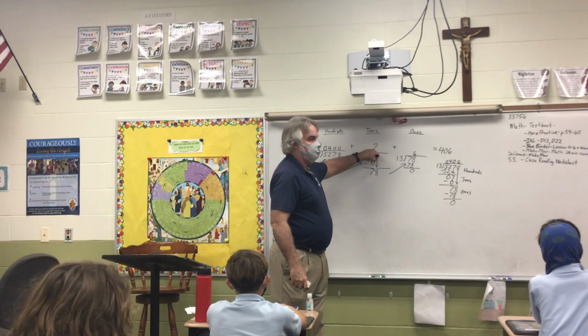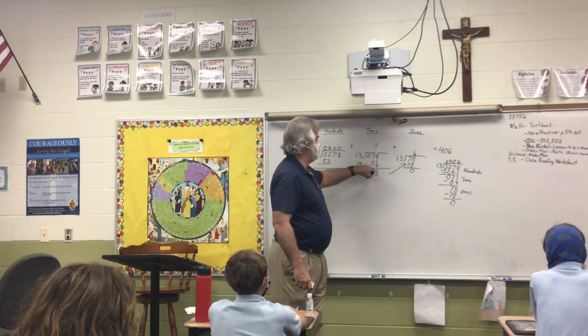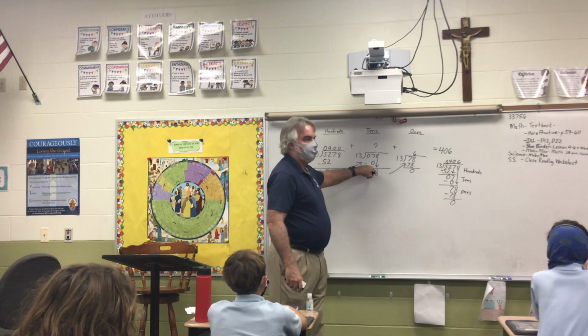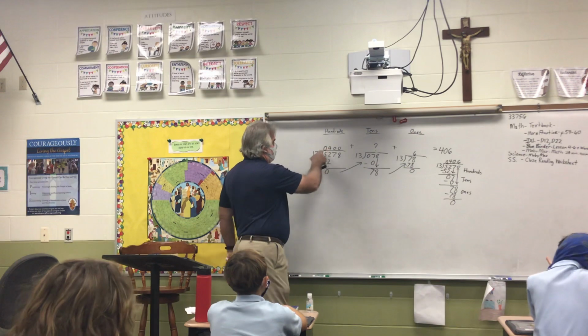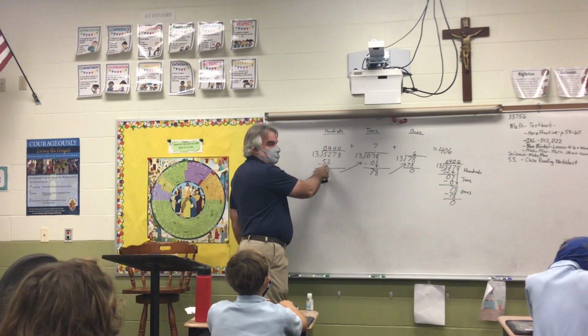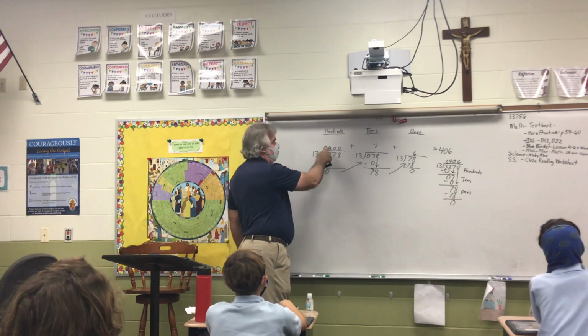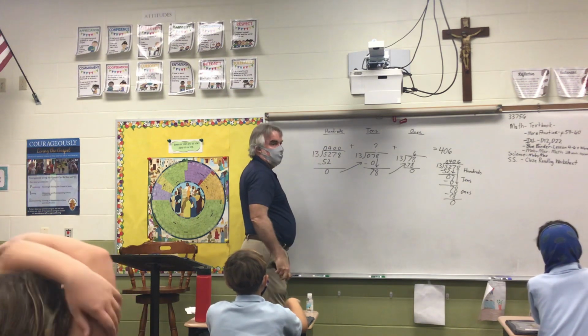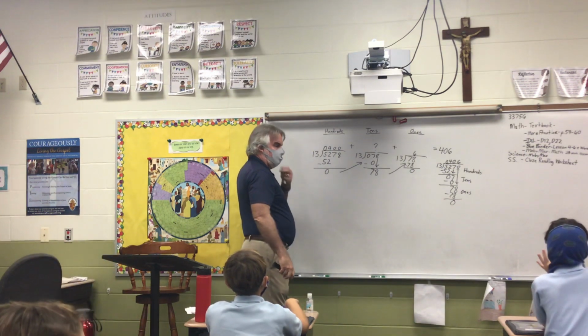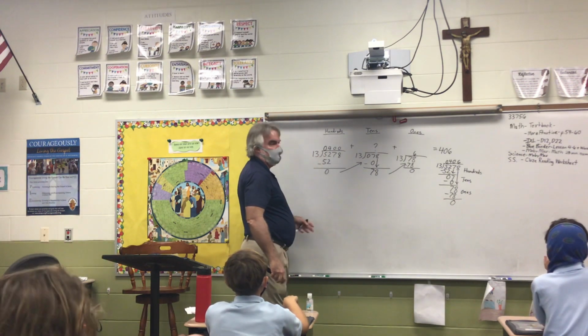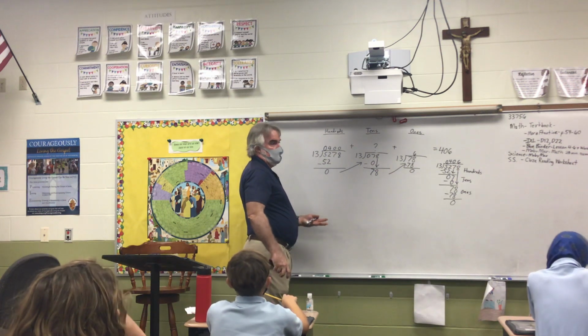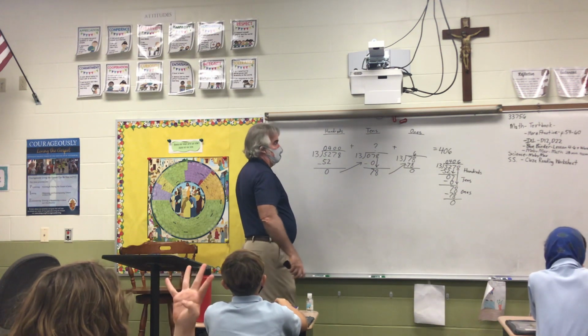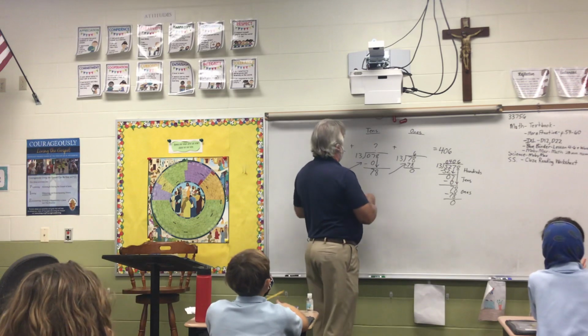Basically, it's whatever this is times this is going to equal this. So in other words, 4 times 13 equals 52. So if this 4 wasn't there, how could you figure it out? Divide 13 into 52. How many times does it go? Okay, 4 times.